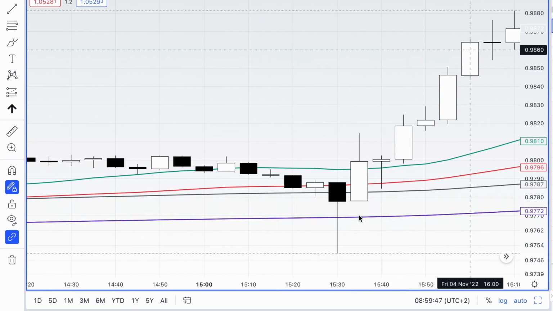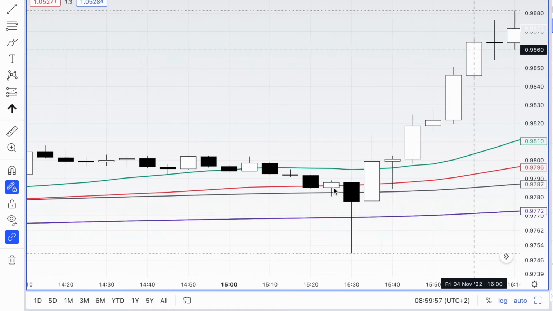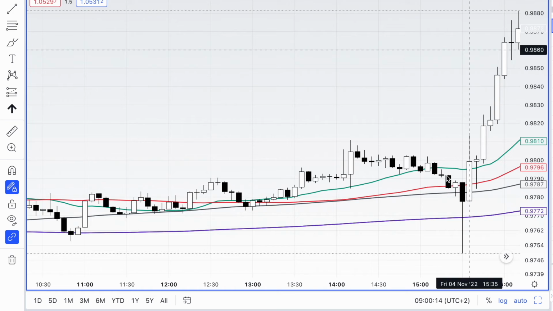Move in one direction, move in the other direction, and then a close more or less at where the market was when the news broke. In that case, go for the original direction of the trend. In this case, the original movement of the trend was down, and if this had gone up, spiked up, and come back down to more or less where we started, then we would assume that the trend was going to continue on downwards, and we'd be heading south in this case.